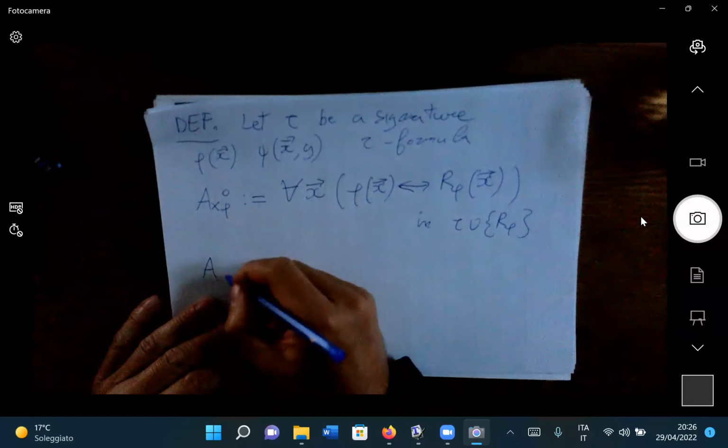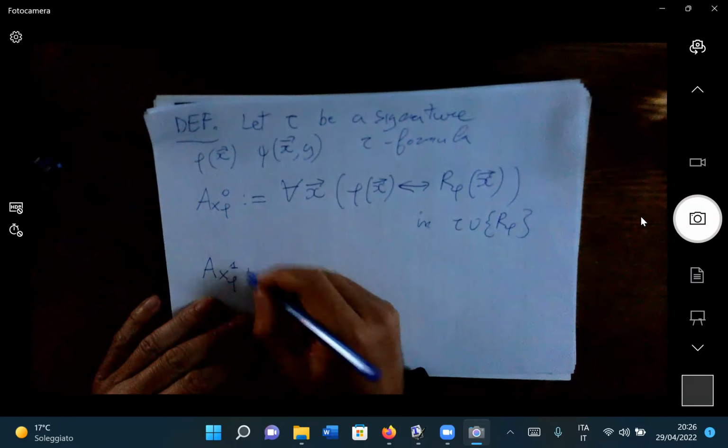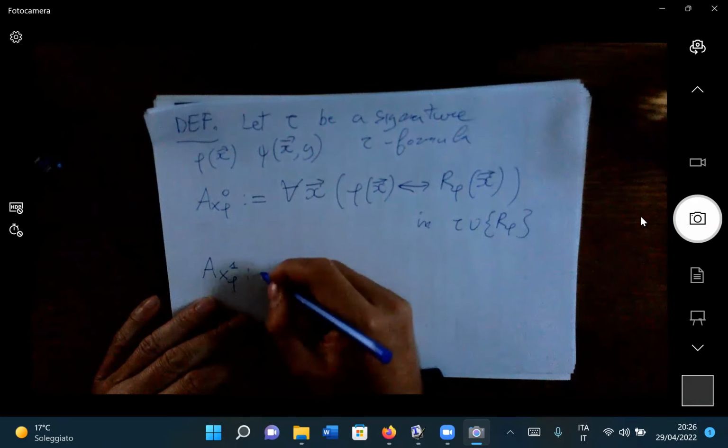And then we also do partial Skolemization, and this is what we use the formula psi for.